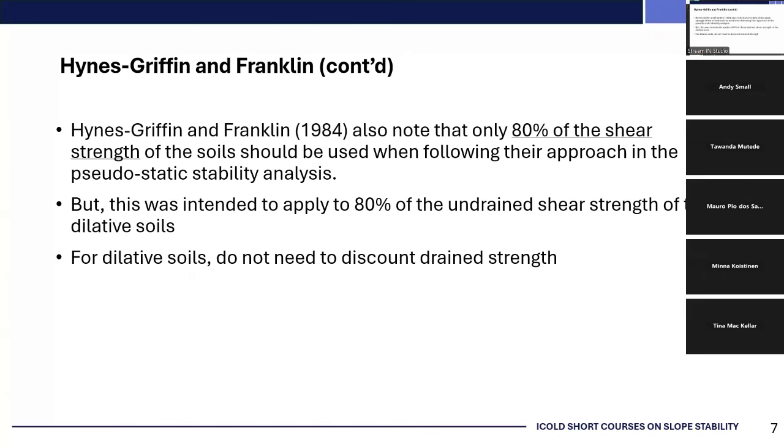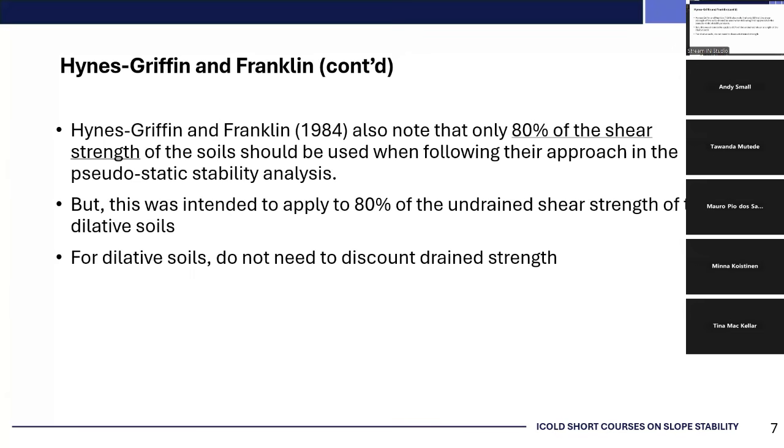And fundamentally, if you have a dilative soil with a friction angle of 30 degrees, Duncan and Wright have said that you really don't need to discount the drained strength. During a seismic event, some deformations will occur within the dam. And as you heard yesterday, such deformations on dilative soils can actually lead to negative pore water pressures, which lead to an increase in undrained strength.